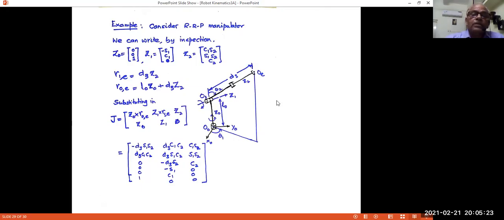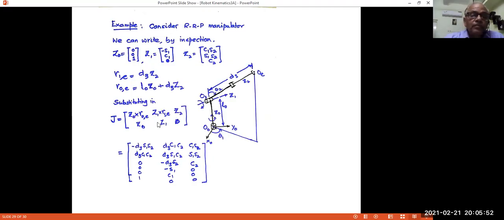That component is multiplied by this component along x0, which is cos theta 1, and along y, which is sine theta 1. So C1 S2, S1 S2, and along the vertical it has a component cos theta 2. So you readily get the three z directions, 3 by 1 vectors for z0, z1, z2 that you will be needing here.